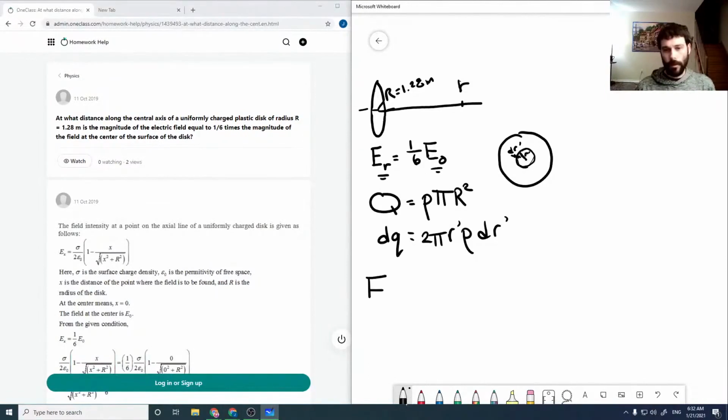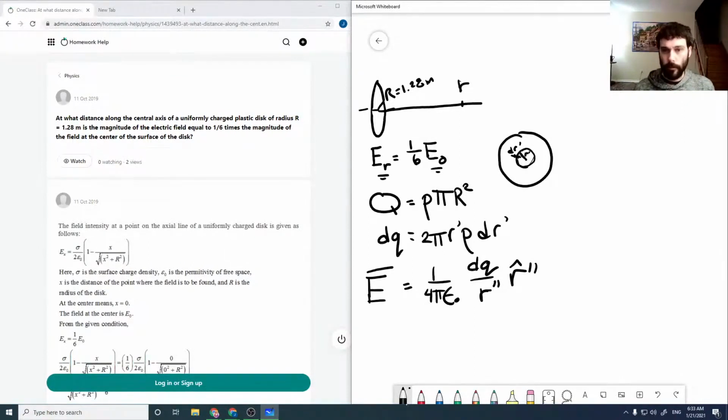Now, electric field is a vector quantity, so it's a little bit trickier than with moment of inertia. So I'm going to use double primes here just again to differentiate. And so it's dq, and it's in the direction of r hat prime.